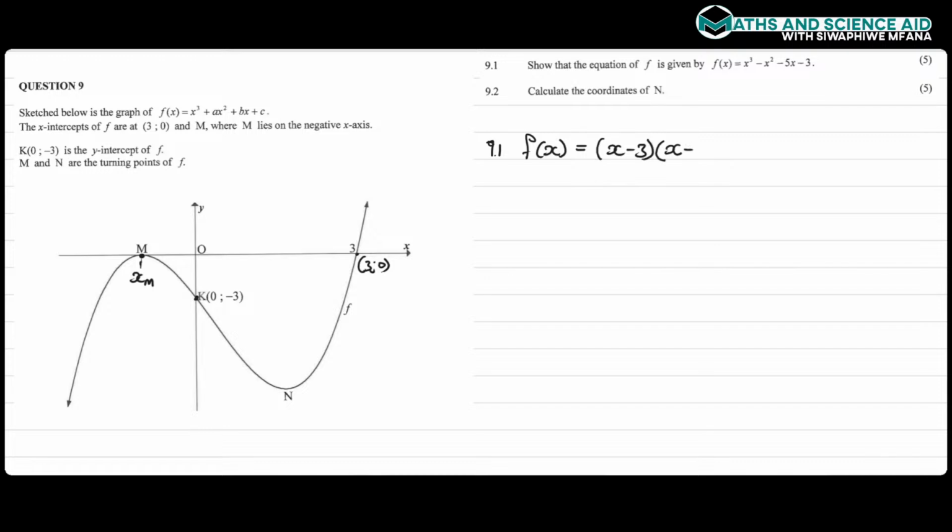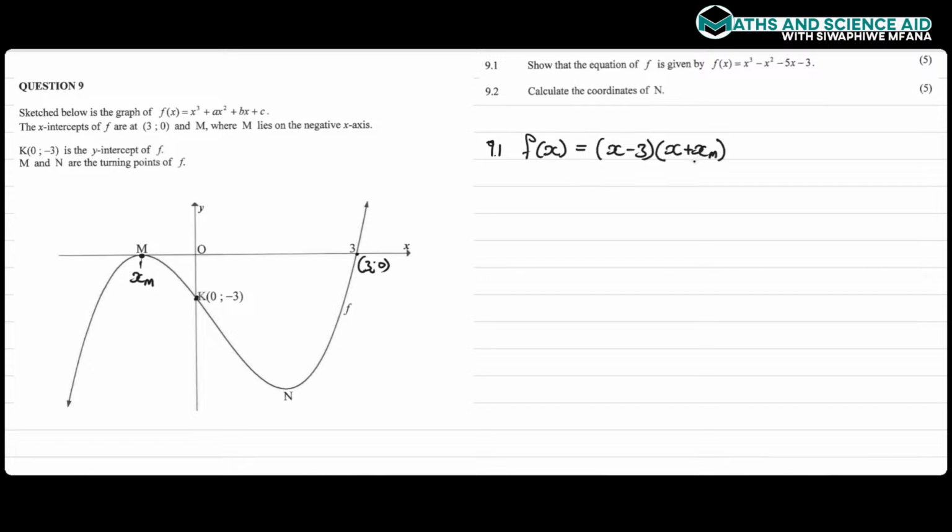Oh, yes, it should be plus. We'll say plus xm here, because you can see that xm is on the negative x-axis, as we were told, or as we can see on the graph. So that factor here would be x plus xm. Of course, we do not know the value of xm, so that's why we are doing this.